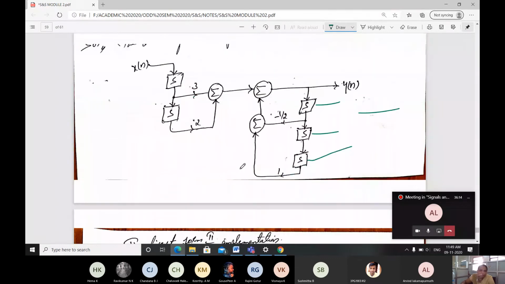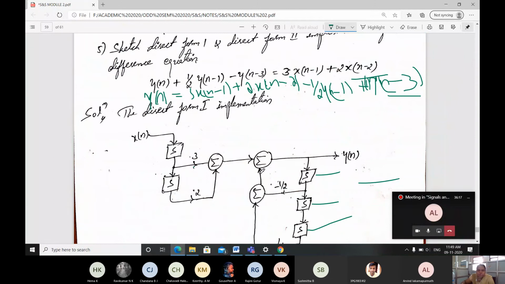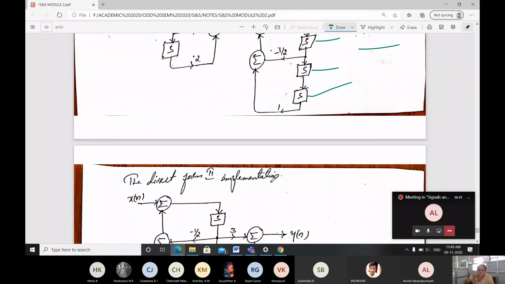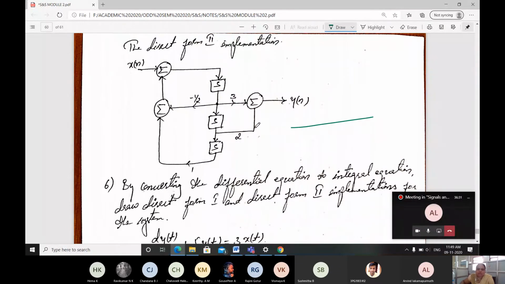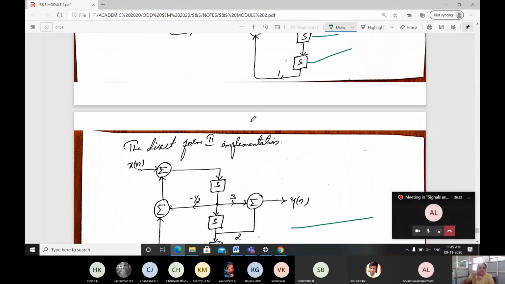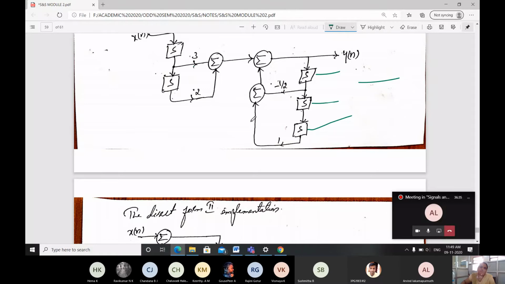This is your direct form 2. If you know the standard, it will be easy. Just write your b0, b1, a0, sorry, a1 here, a1, a2, b0 is not there, b1, b2. Okay, this is in terms of problems in terms of difference equation, means for the discrete time.